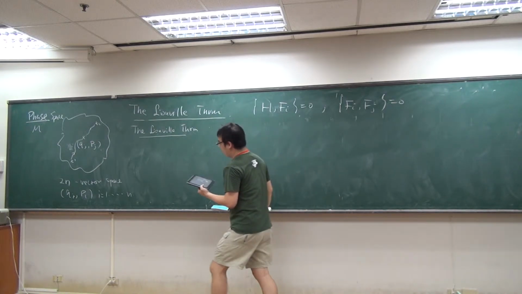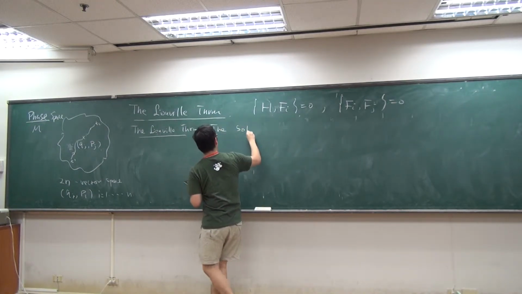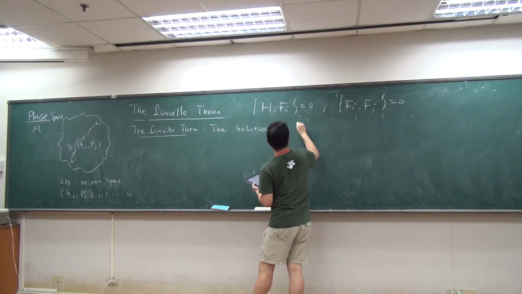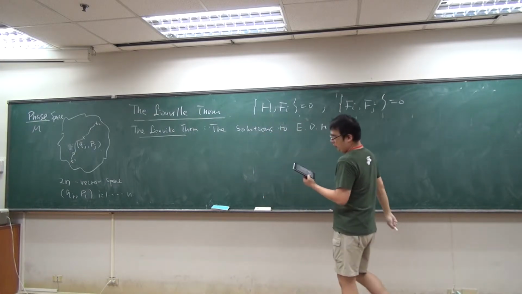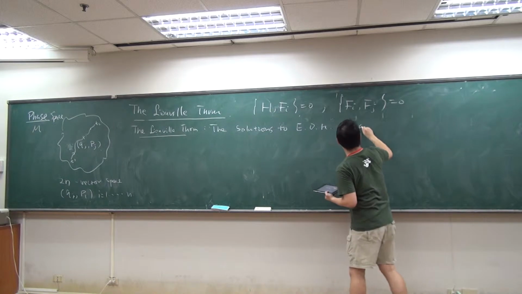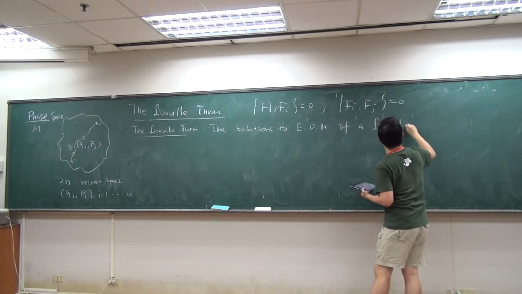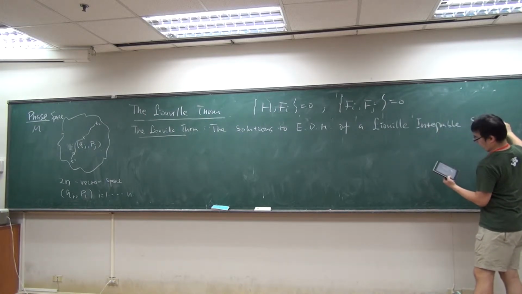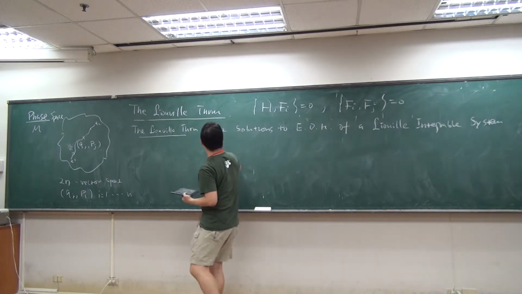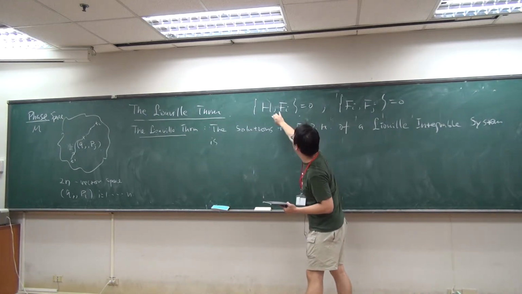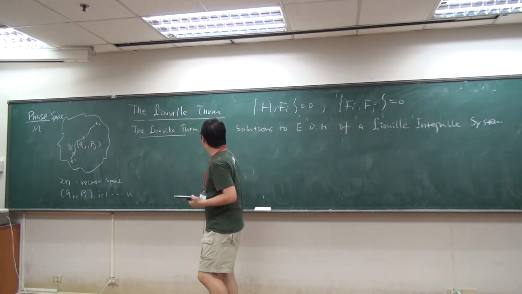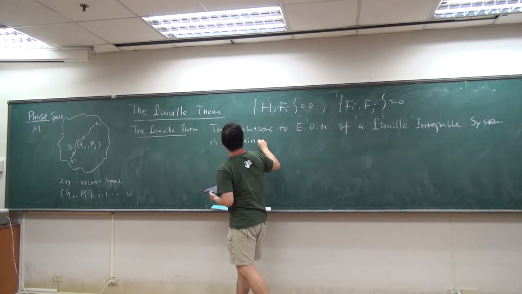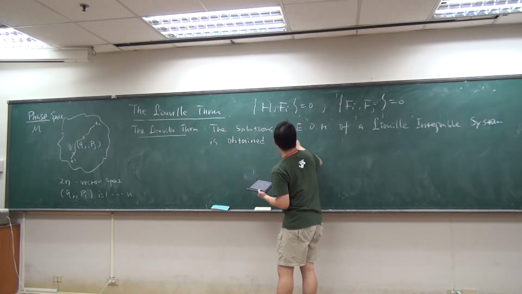states that the solution to the equation of motion of a Liouville integrable system, whose conserved charges satisfy all these Poisson commuting conditions, is obtained, sometimes in the literature they say, by quadrature.